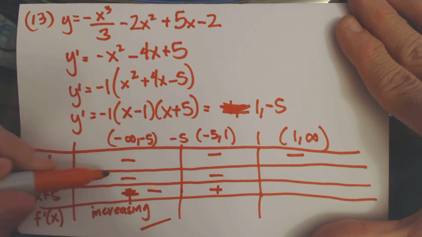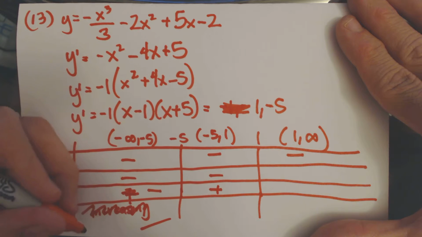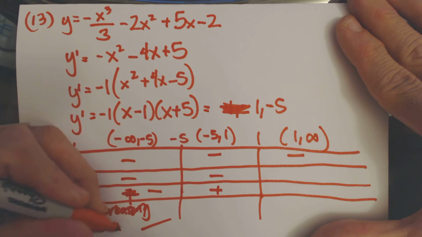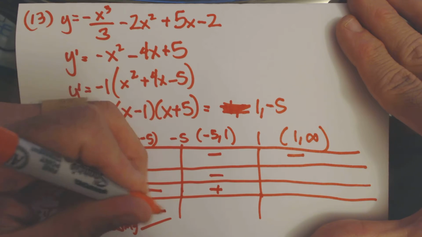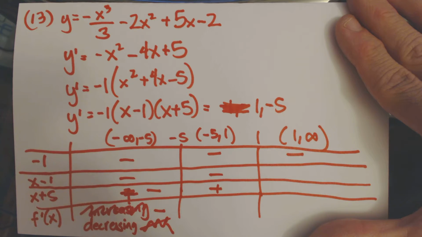So this whole thing is negative. So in the interval between negative infinity and negative 5, the function is going to be decreasing. Sorry about that. I could redo the video, but it's a lot of work. So I apologize for the mistake.